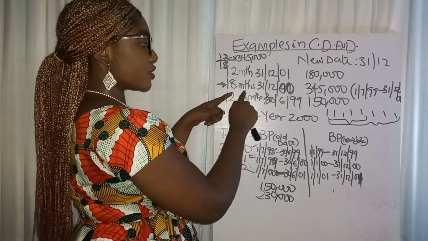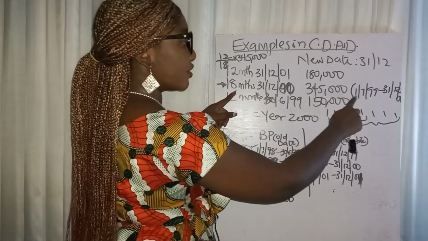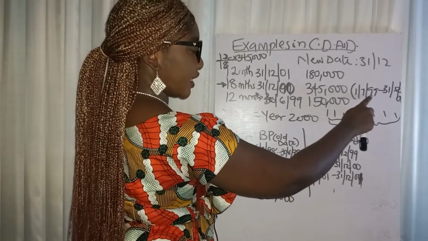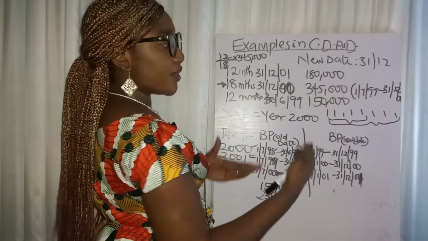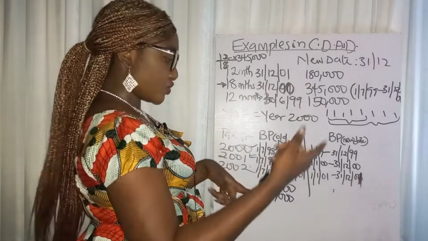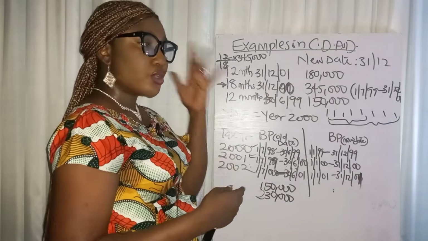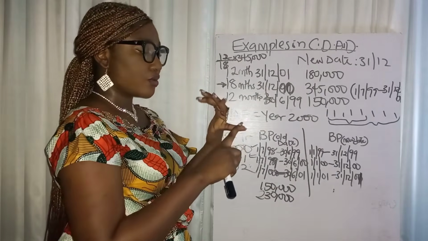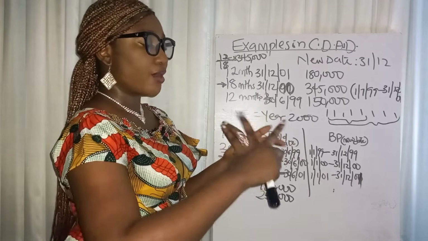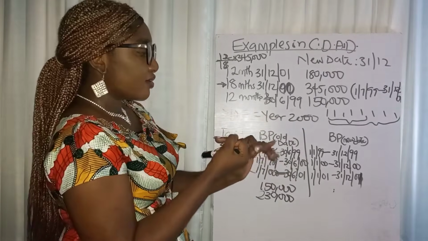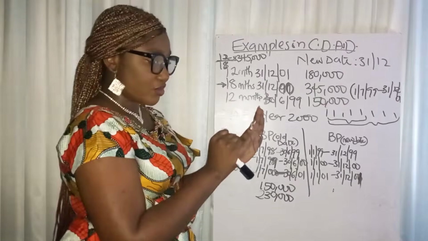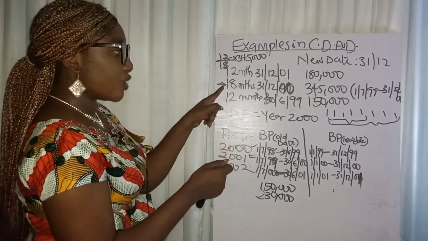Because this 18 months, the meaning is 1st of July 1999 to 31st of December 2000. So before you reach 31st of December 2000, you will see 1st of July 2000. So between 1st of July 2000 is July, August, September, October, November, December. After December 2000, does it make sense? So it's only 6 months we can get out of these 18 months.